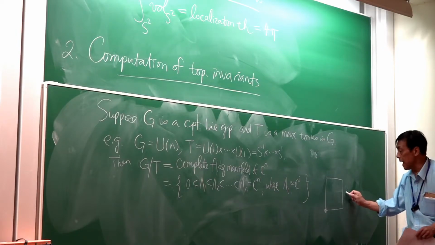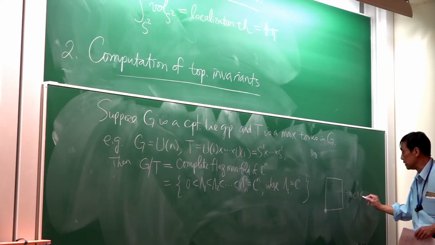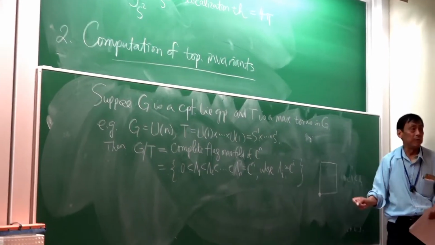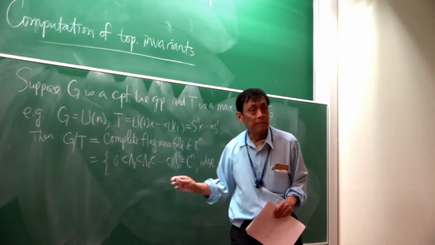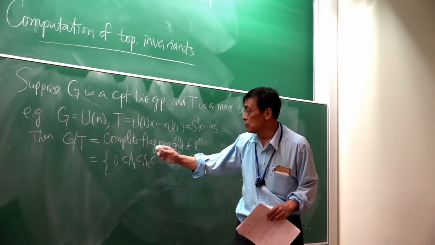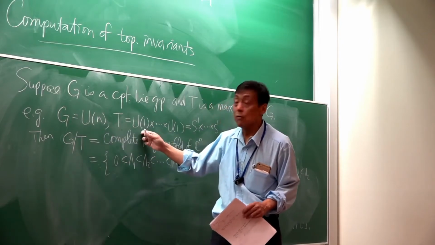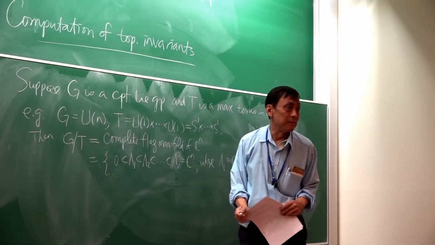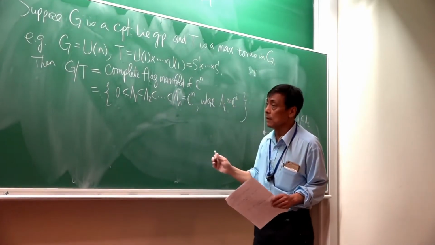So that's an example of a flag. If you look at all the flags in Cn, that's the complete flag manifold of Cn, and that is equal to Un over its maximal torus. Okay? And it's a complex manifold.